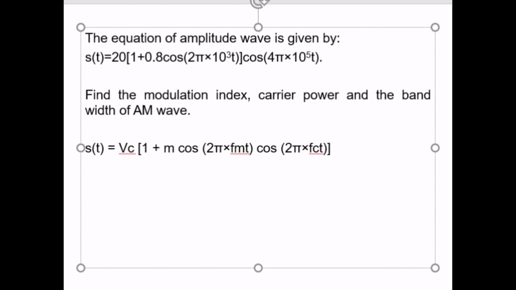So this is the general equation for the amplitude modulated wave.